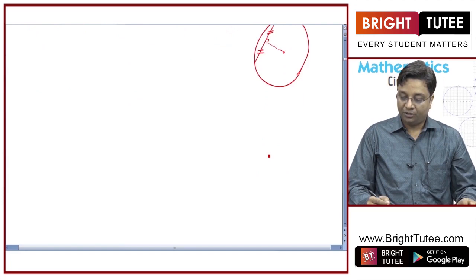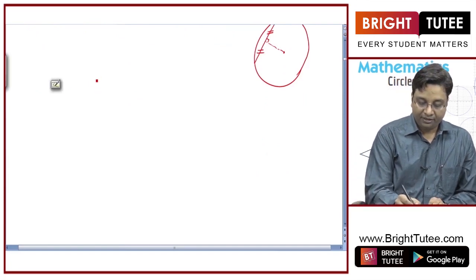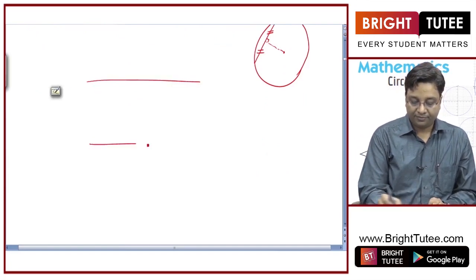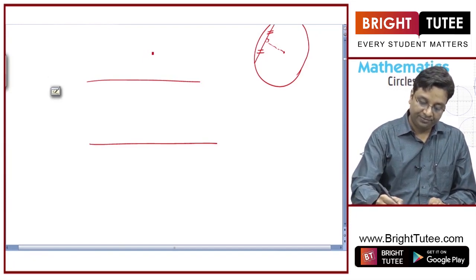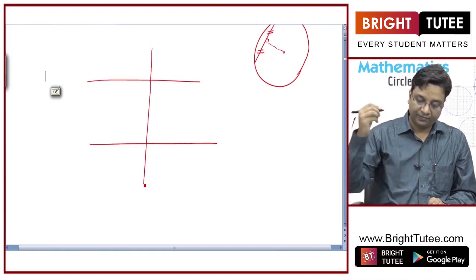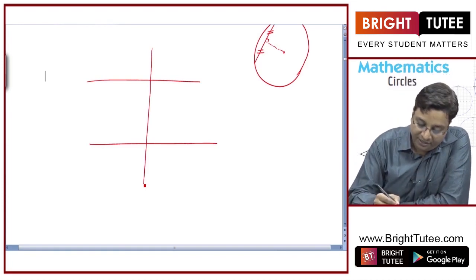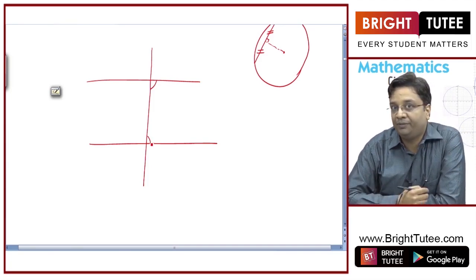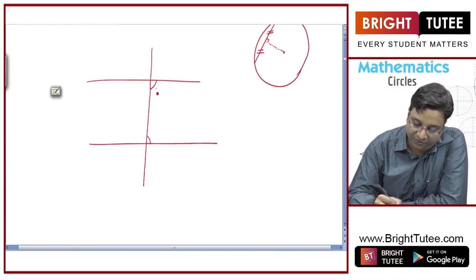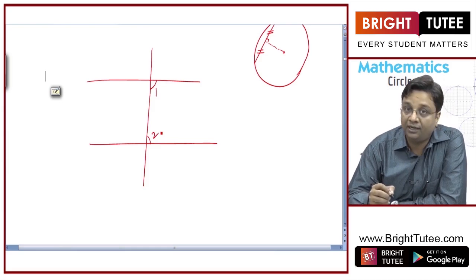Let me tell you one more thing which is also a basic thing in geometry. If you have got two lines, and you have this line here, and this angle and this angle are supplementary, let us name this as angle 1, this as angle 2.